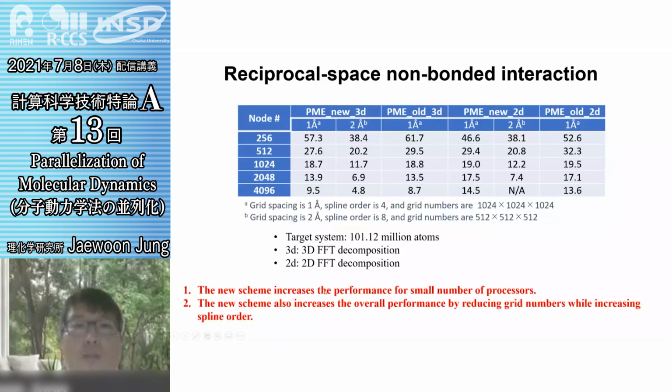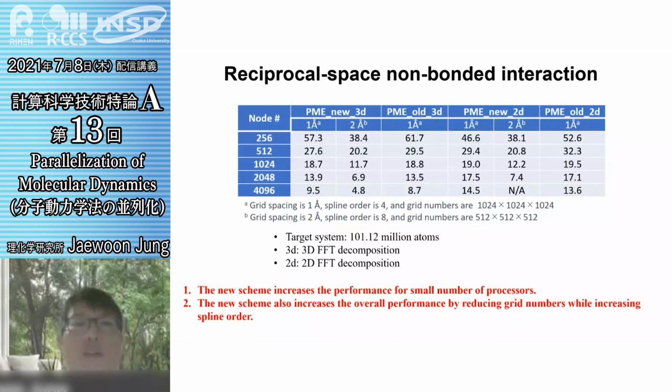But we found that, for example, if we compare this new scheme and the original scheme for a large number of processors, in fact, they are comparable. So we found that our new scheme is particularly good for a small number of processors.